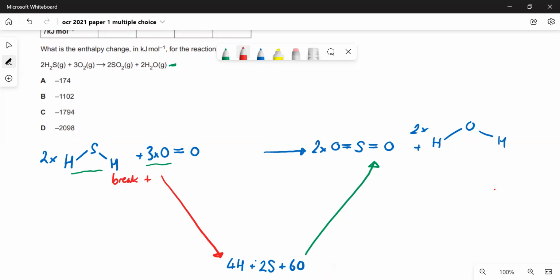We're breaking 4 of the HS bonds, and they are each a value of 346.